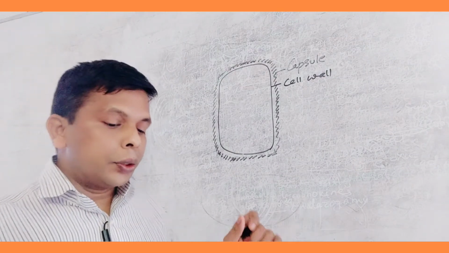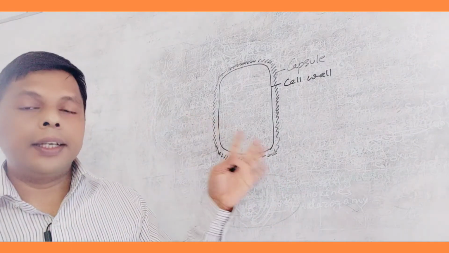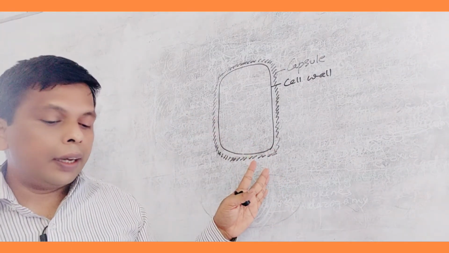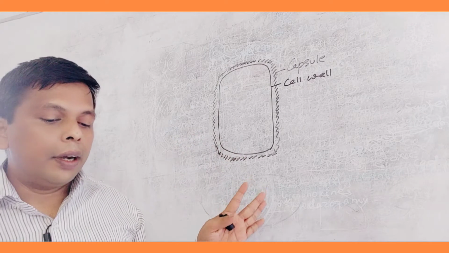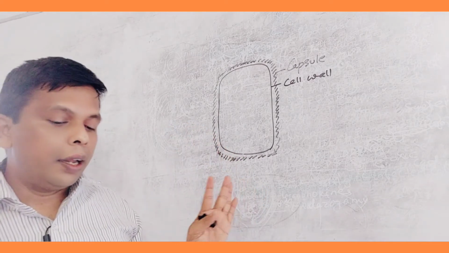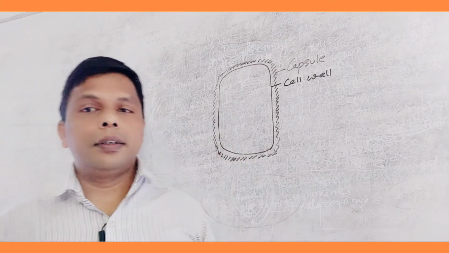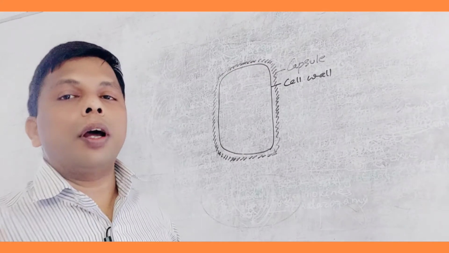This cell wall provides a definite shape to the cell, helps in preventing infection, protects the cell from bursting, and helps in adhesion. A number of functions are associated with the cell wall.